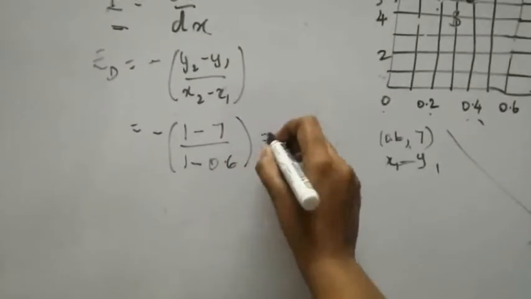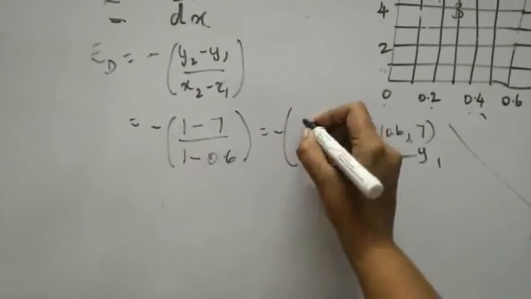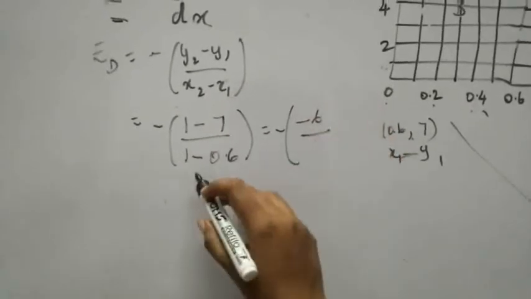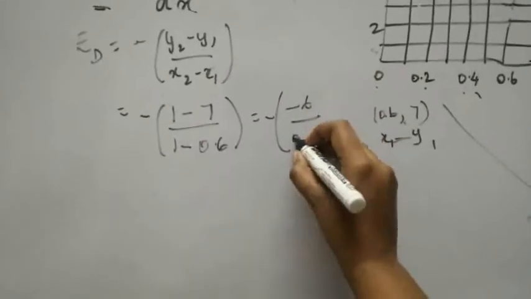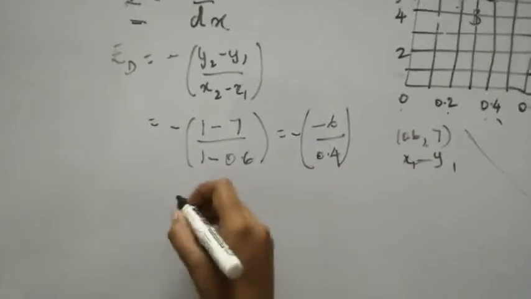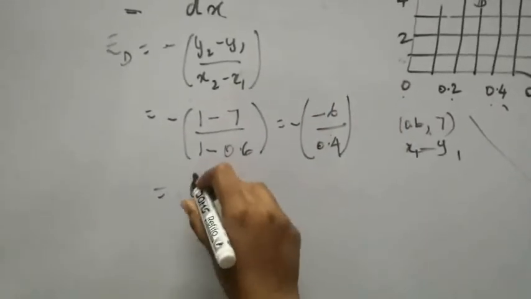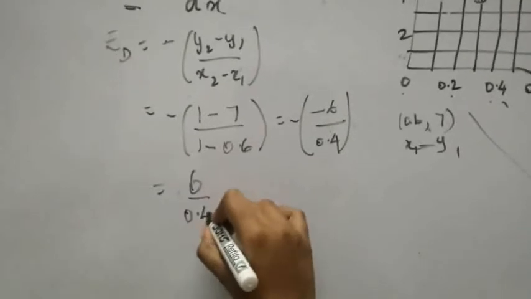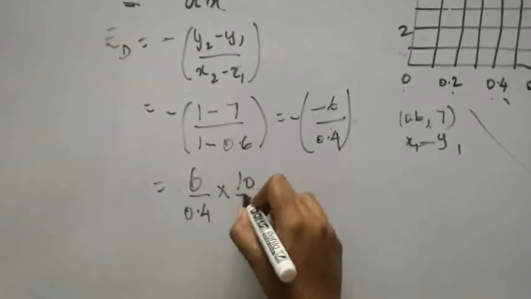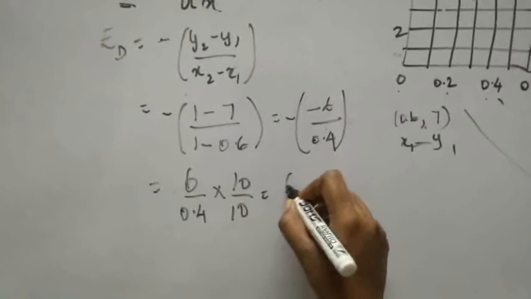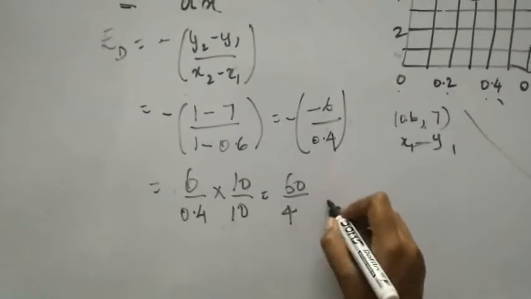So it is minus of 1 minus 7, which is minus 6, divided by 1 minus 0.6, which is 0.4. Minus into minus becomes plus, so it is 6 divided by 0.4. To remove the decimal, multiply by 10 and divide by 10, it is 60 by 4.